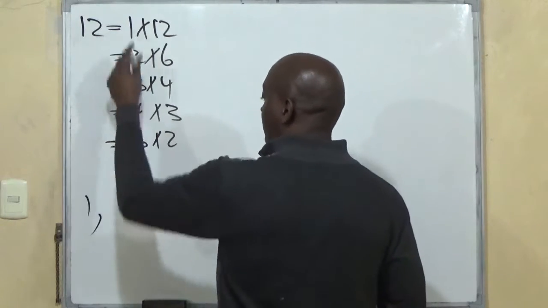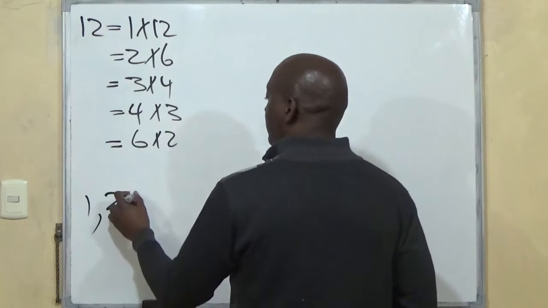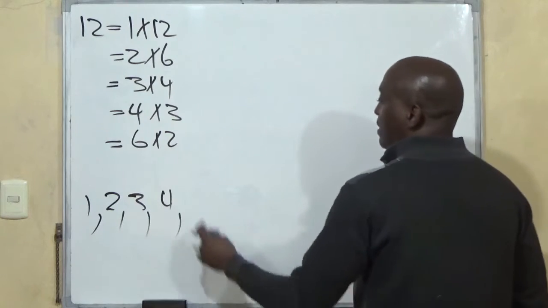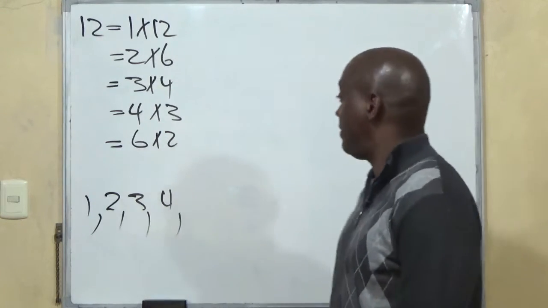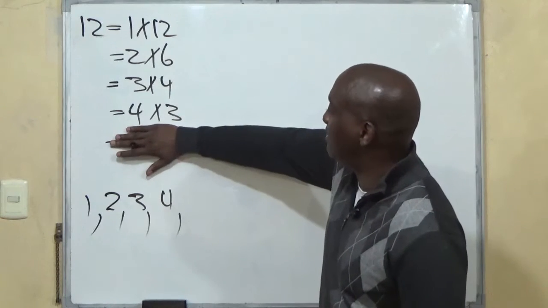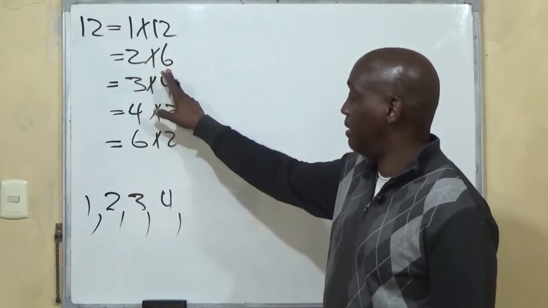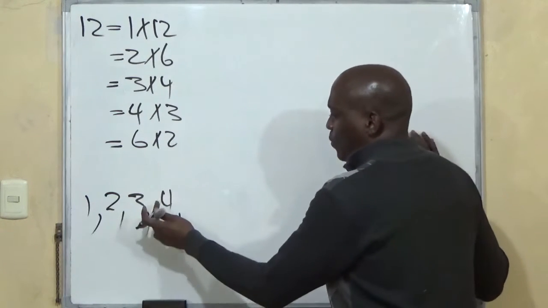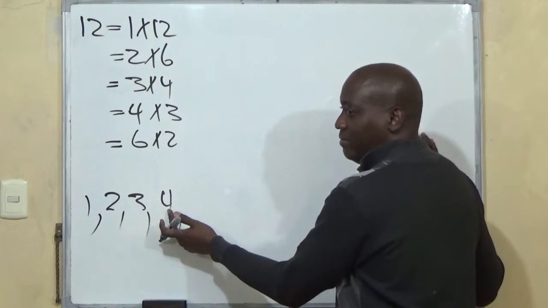All right, so there we go. 1, first factor. 2, second factor. 3, third factor. 4, fourth factor. Now the fifth factor is clearly 6. But if we had taken the position of not writing this here because we're already repeating what we have here, then we get to 4, but 4 is not half of 12.